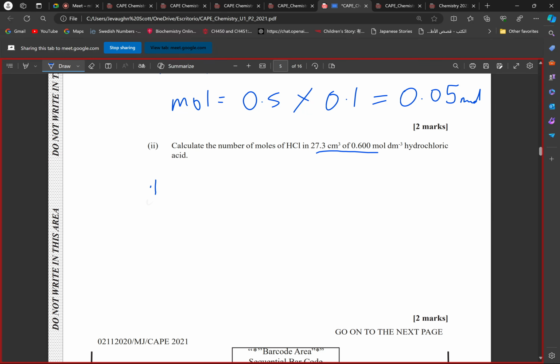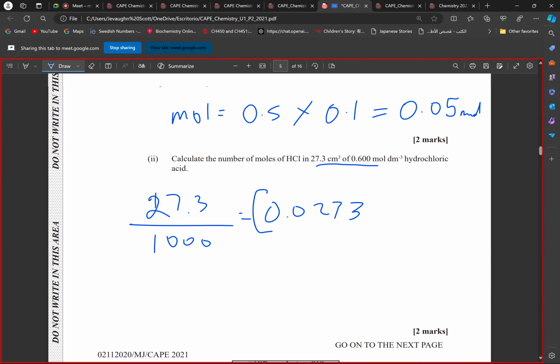So it's the 27.3 and we divide it by 1,000. And what's going to be our answer there? That's going to be 0.0273, right? And then we now take this times it by 0.6.